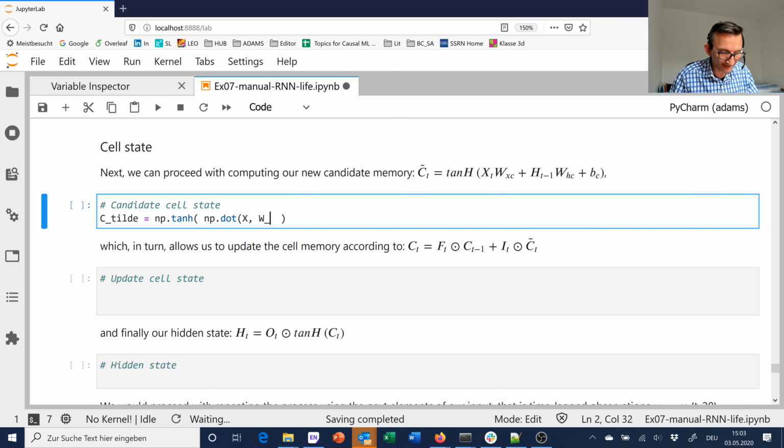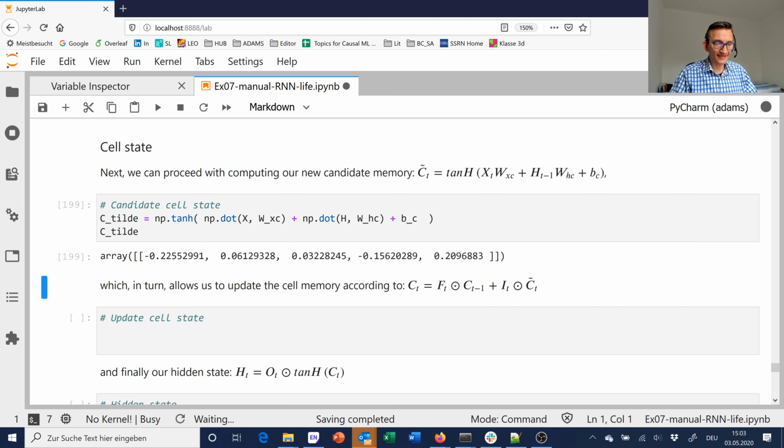So that's W, and it's WXC, okay. And then we add to it another dot product, which is the hidden state, the current one. And there we have W hidden to cell state, HC. And obviously we see some biases here. So let's use the bias.